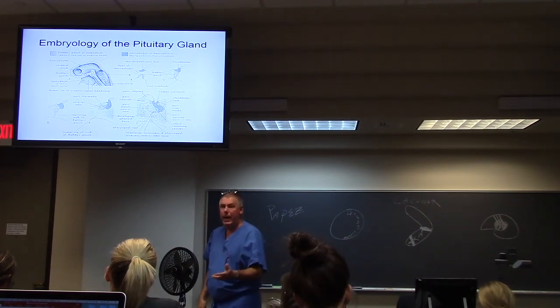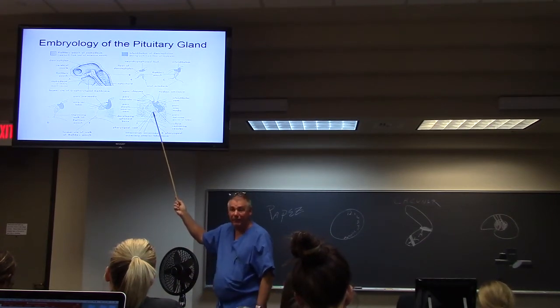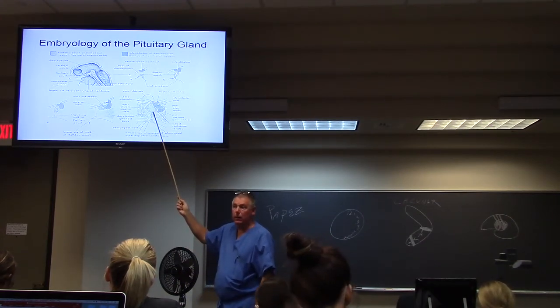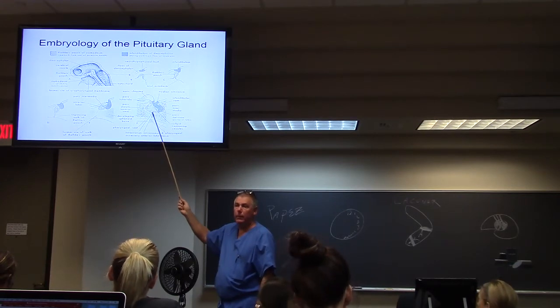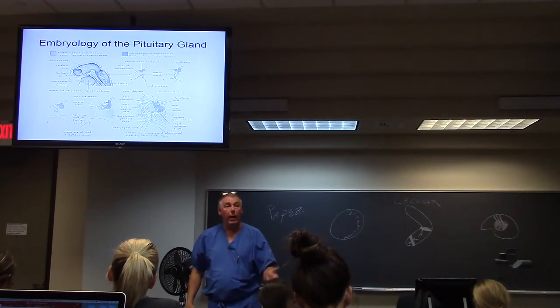They have different names. The anterior pituitary is called the adenohypophysis. The posterior pituitary, because it has a neural origin, is called the neurohypophysis.